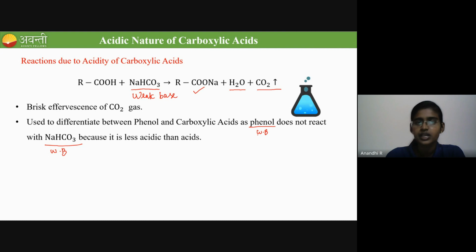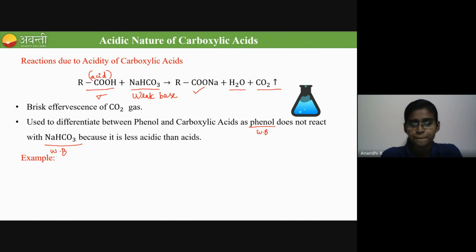So they are using this reaction to differentiate between phenol and carboxylic acid. If I put a phenol here, the reaction doesn't occur. If I put a carboxylic acid here, the reaction occurs because carboxylic acids are having more acidic nature due to the more stable carboxylate ion getting formed.